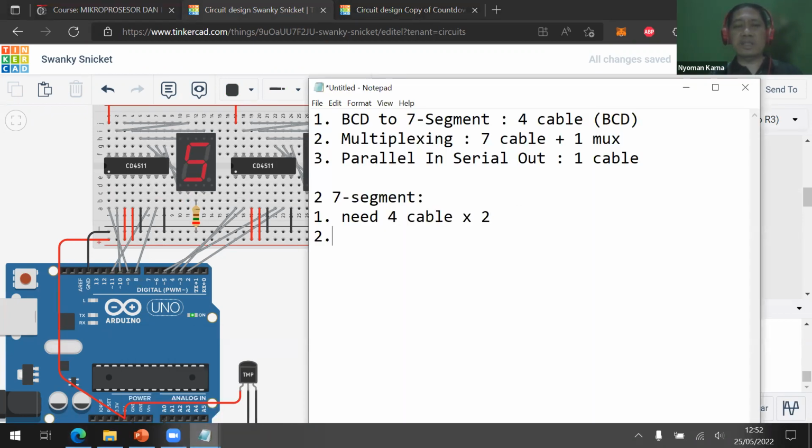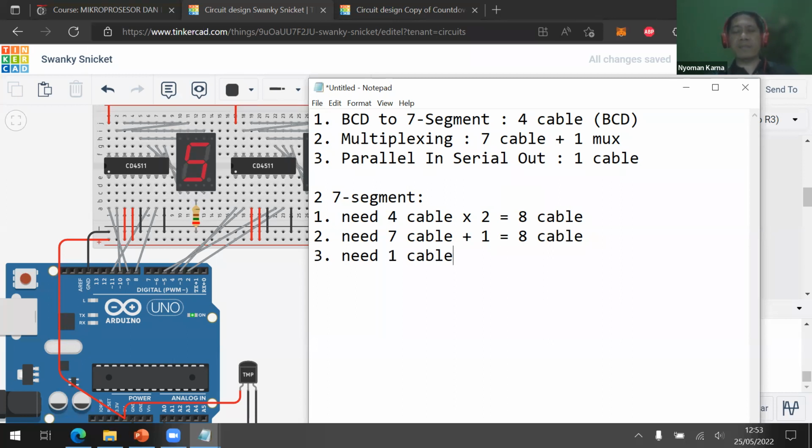But using the second solution, we just need 7 cable plus 1 for multiplexing. So in here, we need 8 cable. But the third solution, we need only 1 cable.